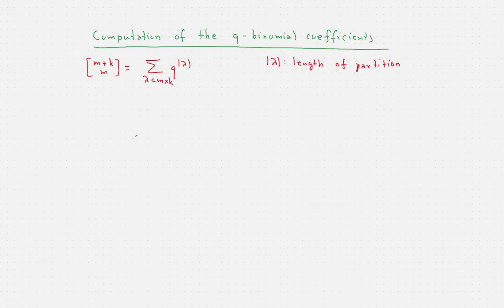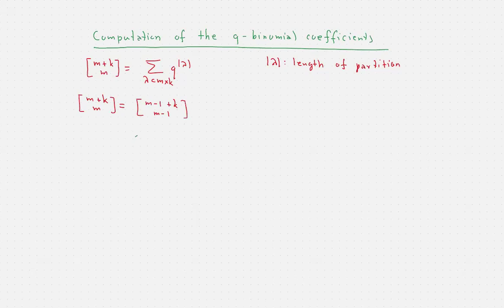So we have seen an important property of these coefficients. So we have seen that M plus K choose M is the same thing as M minus 1 plus K over M minus 1. This corresponds to the paths that have the first vertical step.